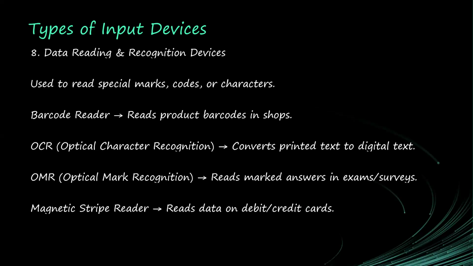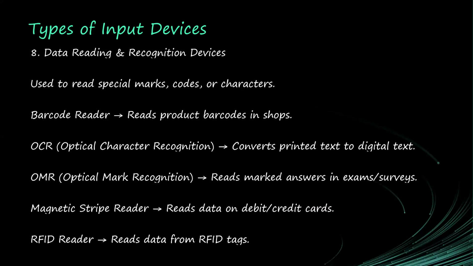The magnetic stripe reader reads data on debit or credit cards. When you go to a POS or even an ATM machine and put in your ATM card, they use a magnetic stripe reader to read the data on your card. We also have the RFID reader, which reads data from RFID tags.